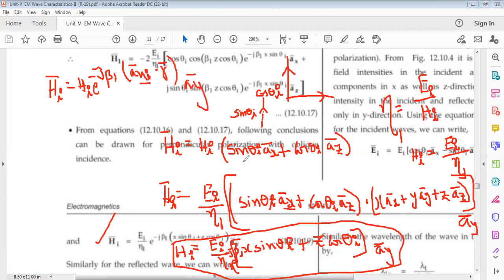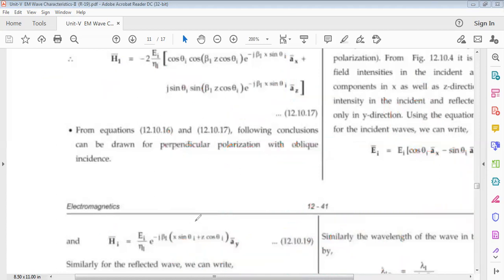We got ANI bar as sine theta AX bar, cos theta AZ bar, and R bar is x into AX bar plus y into AY bar plus z into AZ bar. After the dot product, we got x sine theta I plus z cos theta I as HI. Got it, my dear students?